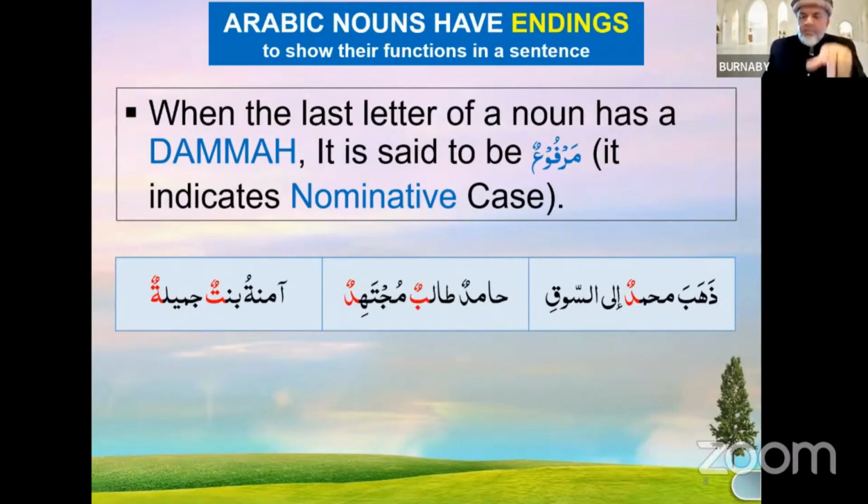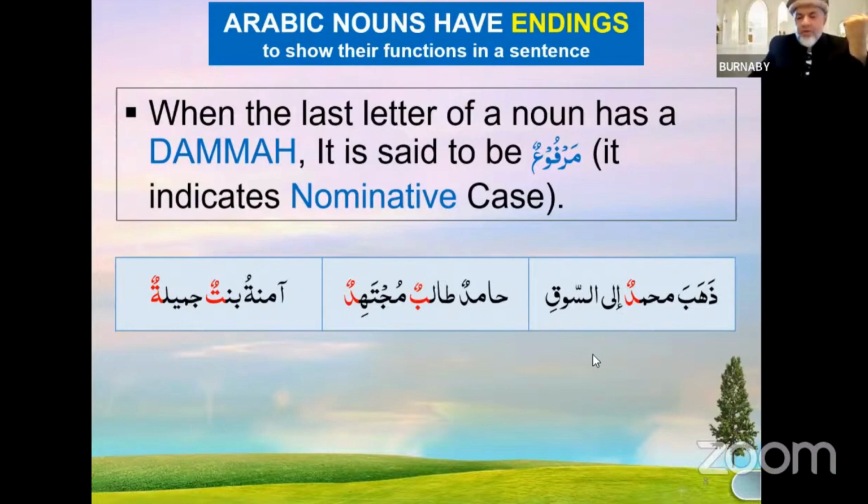Are these all nouns? Yes. Okay. Aminatu bintun jamilatun. Amina is a beautiful girl, right? Now, here the Dhammatan is showing the status of bintun, Rafa. Jamilatun, Rafa. Making sense?